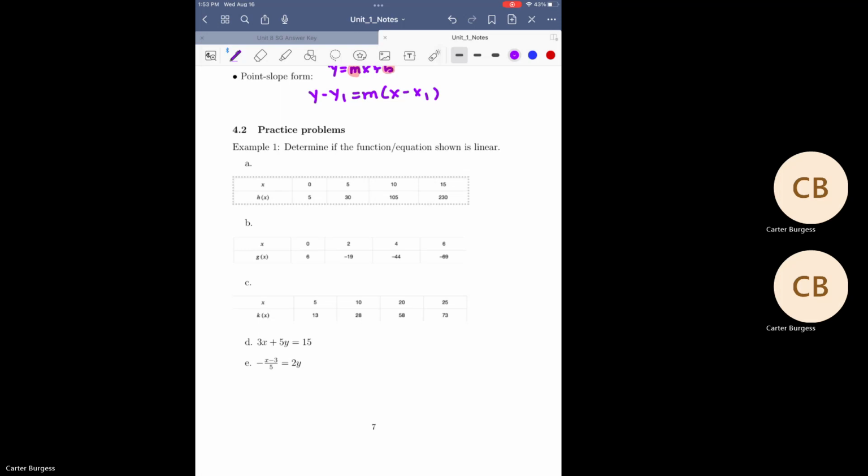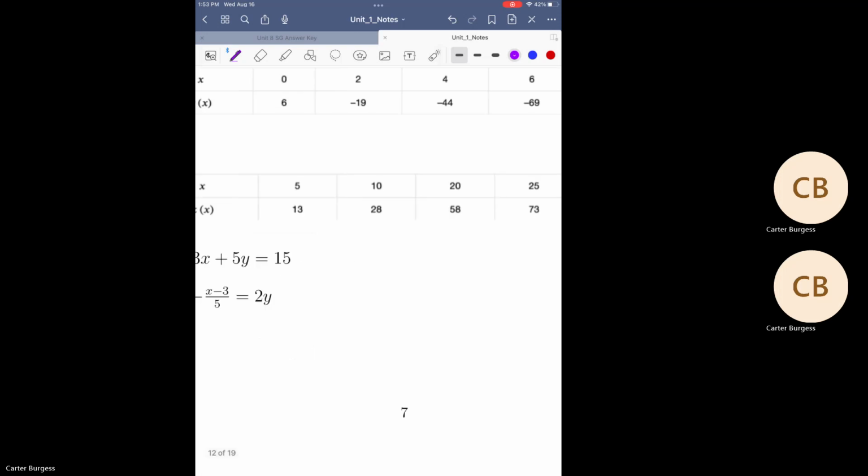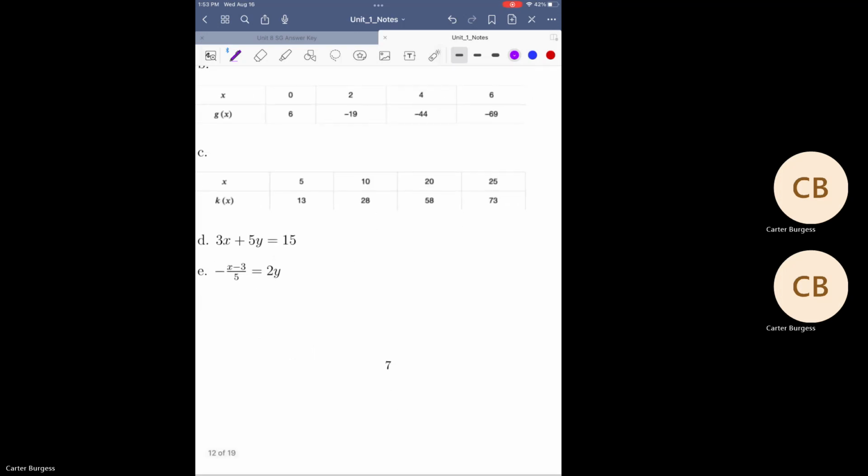Now, a very common pitfall, I want to focus here on 1C. A very common pitfall for this kind of question is to look at a table like 1C here and go through and figure out what our changes in y are. So we notice first, from 13 to 28, we increase by 15.